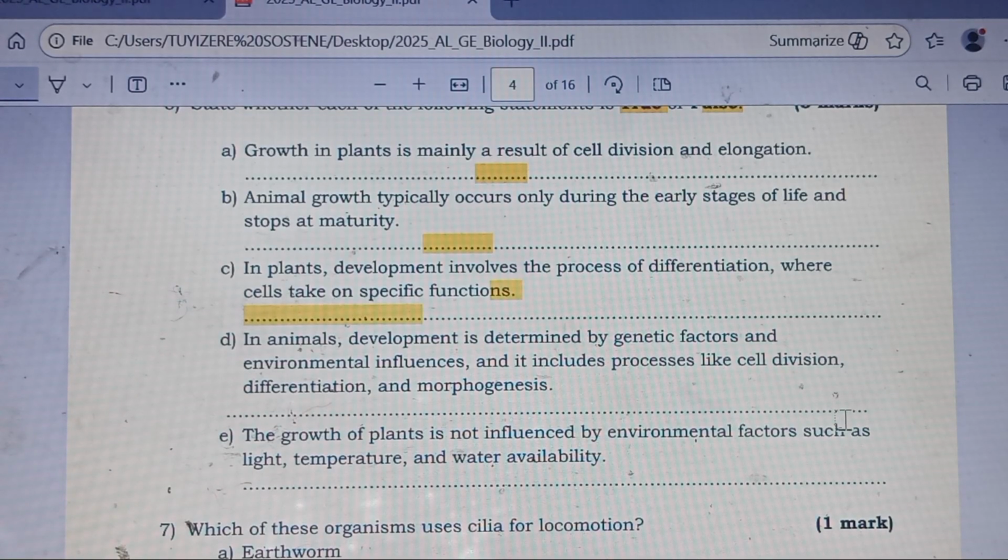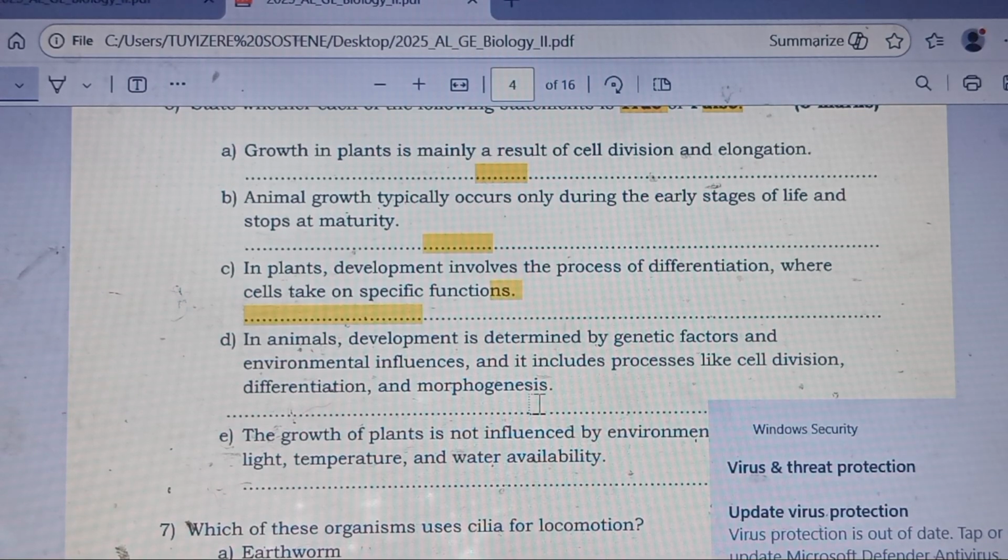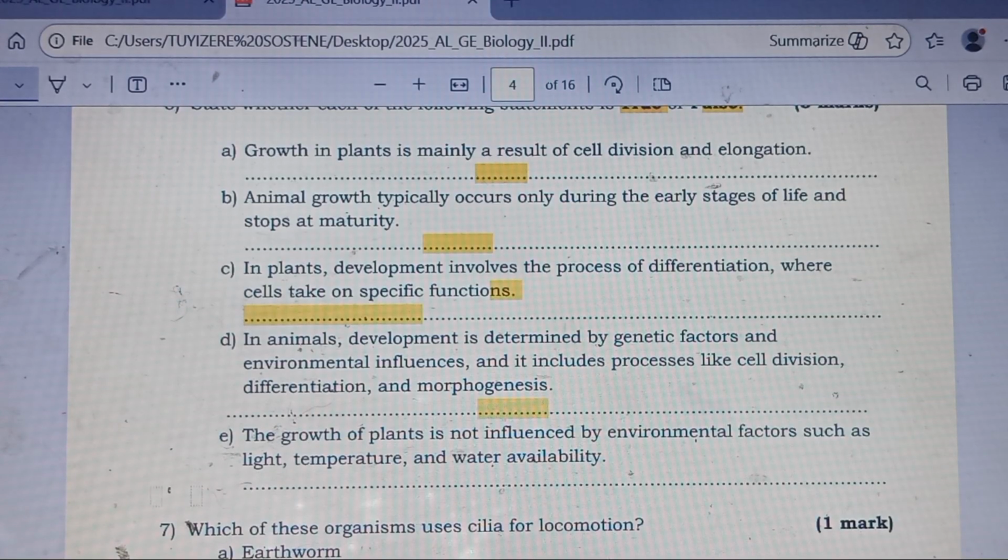It includes processes like cell division, differentiation, and morphogenesis. For D, the correct answer is true. E. The growth of plants is not influenced by environmental factors such as light, temperature, and water. Here it is false, because the growth of plants is influenced by those factors.